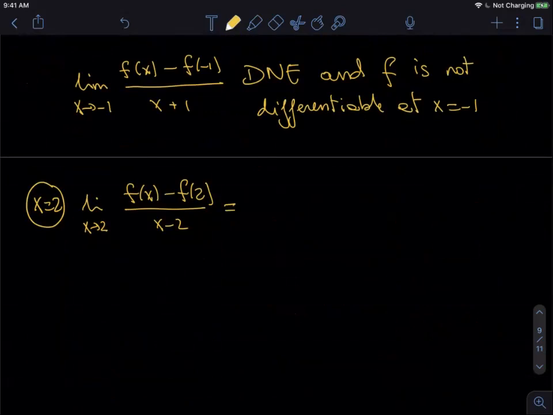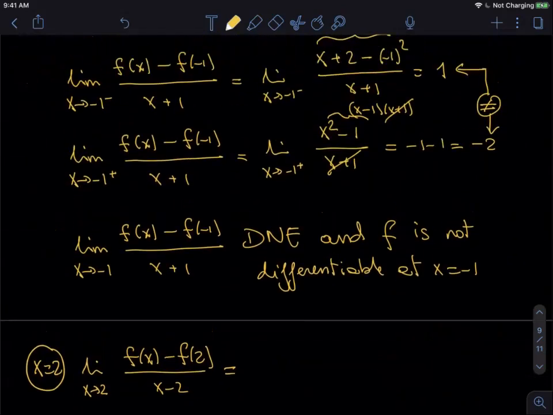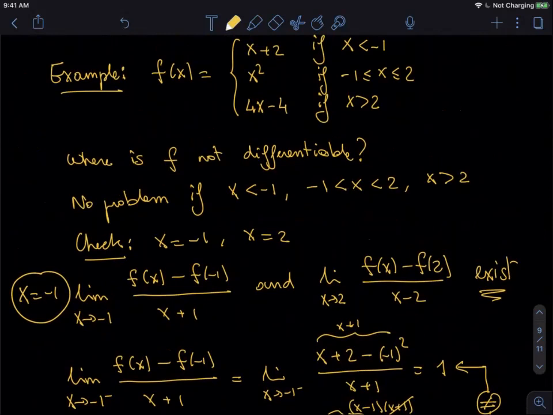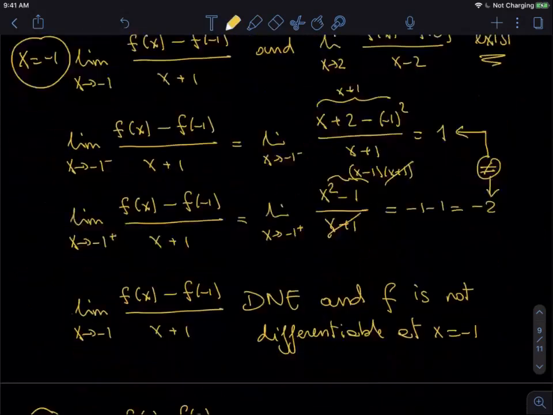So this is when x tends to 2. There we go. You see we have 4x minus 4 if x is bigger than 2, x squared if it's smaller, smaller or equal. So let's use that information.